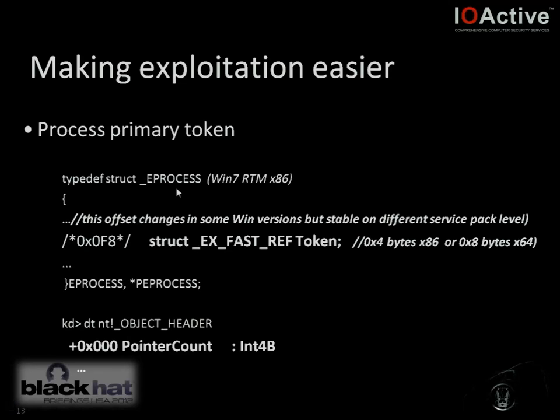So I found this interesting because I thought if I can just write directly there, I will be able to replace a token of my exploit with just one write. I just need to know the kernel address of a previous token, in this case from a system token, in order to get full privileges. It ends up that it's not difficult, because you can guess what the system tokens are.